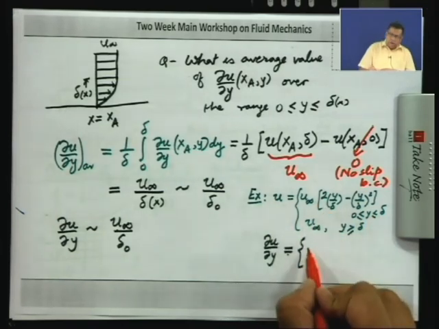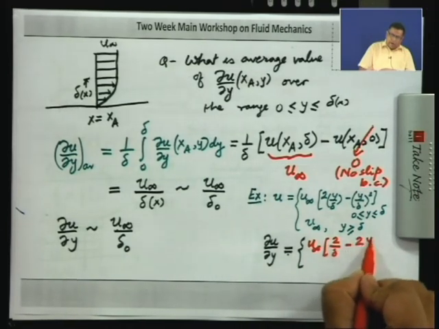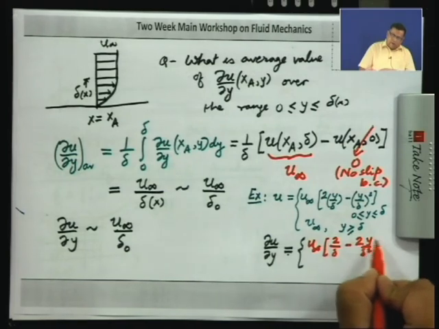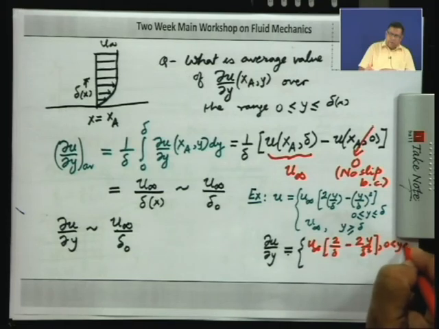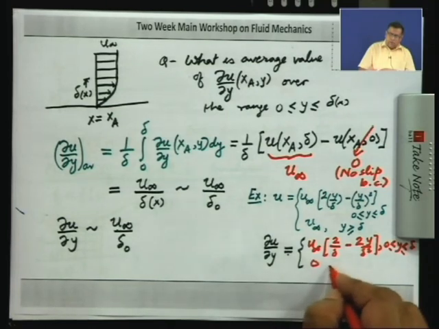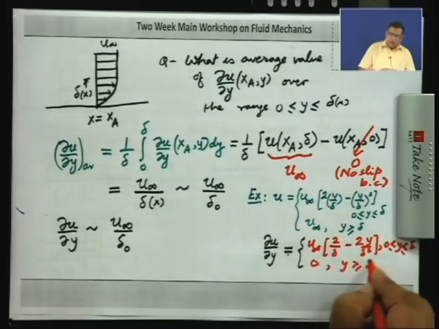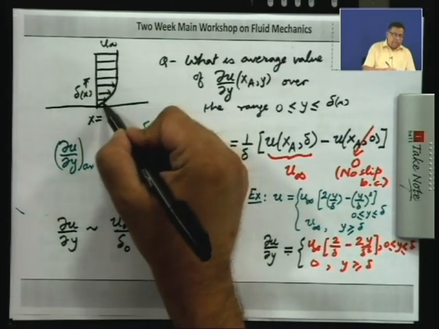The first one will be u infinity into 2 by delta minus 2 y by delta squared, for y between 0 and delta, and this will be equal to 0 for y greater or equal to delta. So, you see the maximum value occurs at y equal to 0 and the minimum value occurs at y equal to delta, as you can see from here.